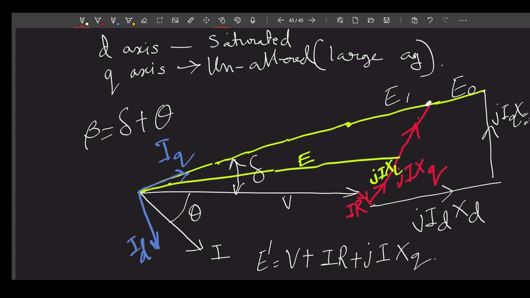So E1 is a vector collinear with E naught, where E naught is your unsaturated induced EMF, right?